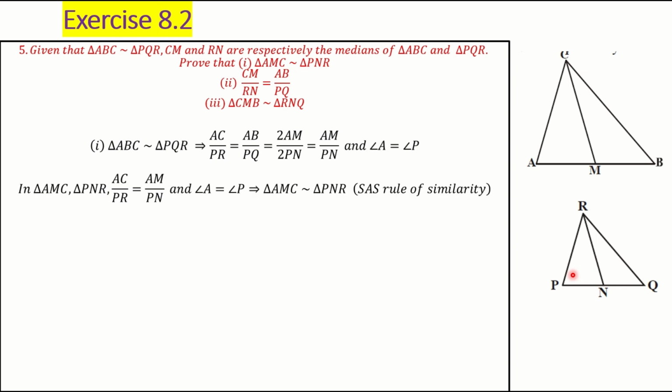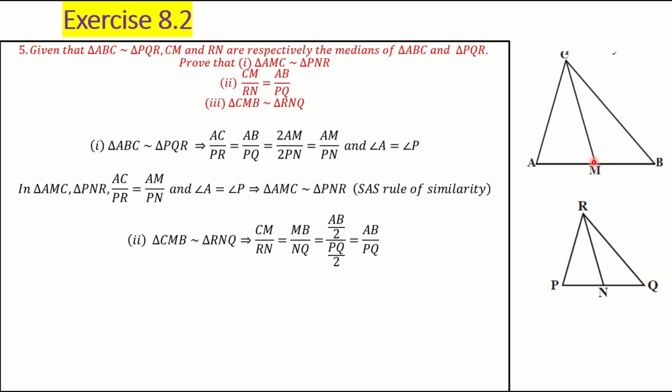So in triangles AMC and PNR, the ratio of AC by PR is the same, and the ratio of AM by PN is the same as the ratio of AC by PR, and the in-between angle is also the same. That means from the side-angle-side rule of similarity, we can say these two triangles are similar. This is the first part.